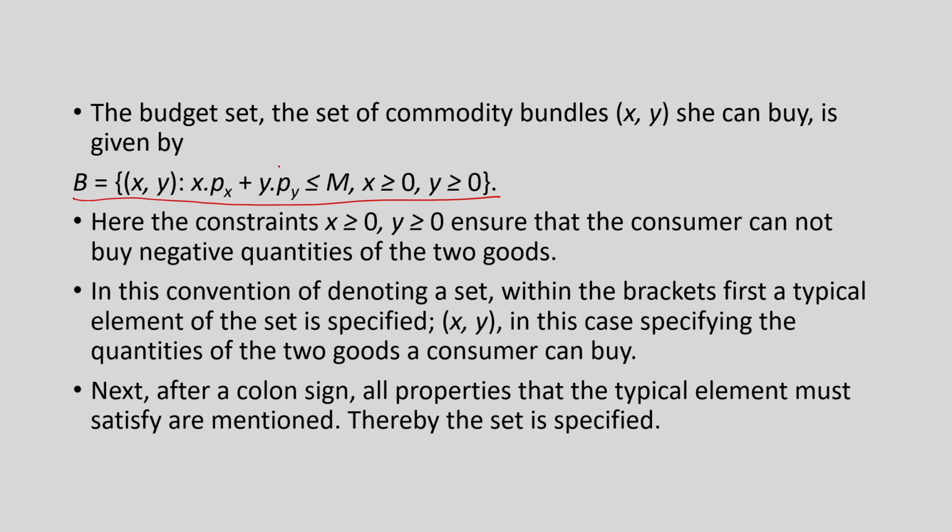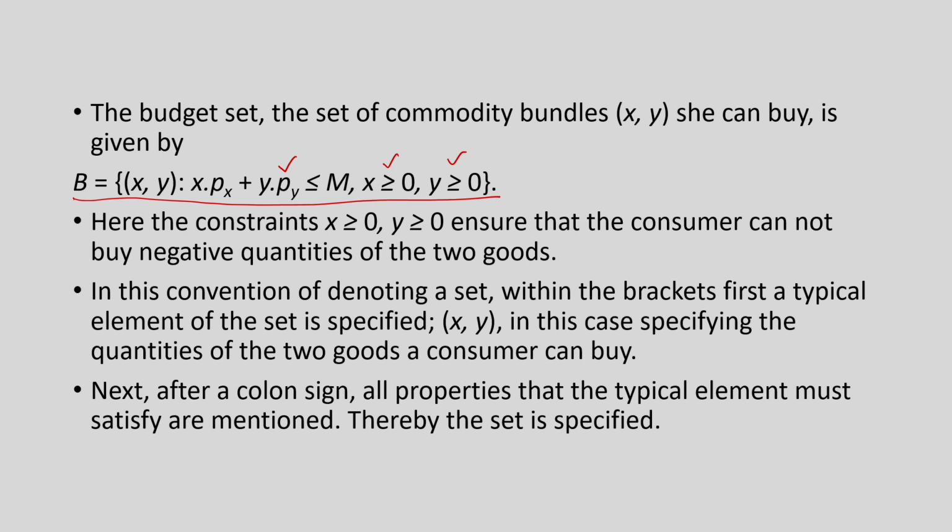First is the budget constraint, we have seen this, but there are two other constraints also, right. x is greater than or equal to 0 and y is greater than or equal to 0. Here the constraints x greater than or equal to 0 and y greater than or equal to 0 ensure that the consumer cannot buy negative quantities of the two goods.